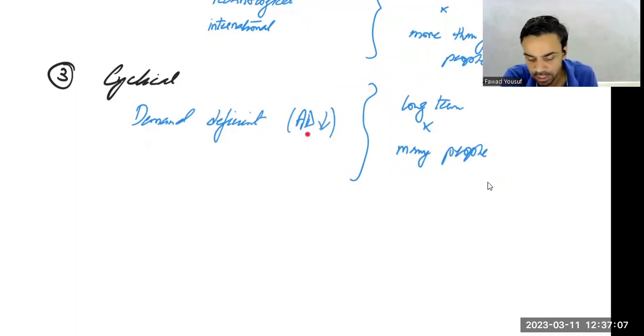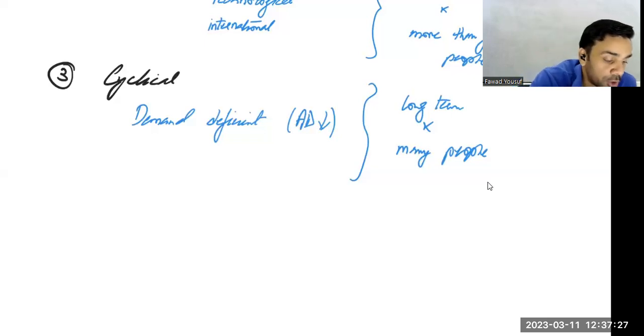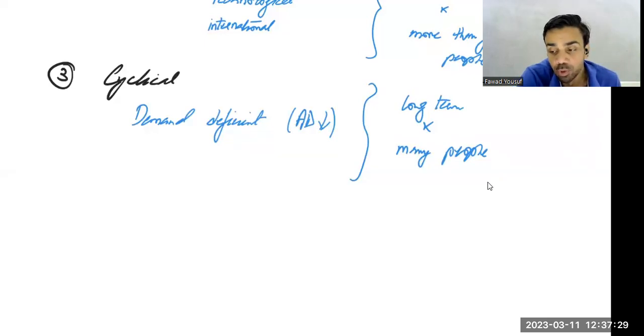If AD increases again, it's quite possible that businesses might wait to see whether this increase in demand is permanent or is just a small short uptick, and it might not last so long. So in those situations, the firms will not start hiring immediately. So there's a lag that takes place. Not only that, but sometimes people lose their skills. So it might not be so easy for them to get their jobs back when AD increases.